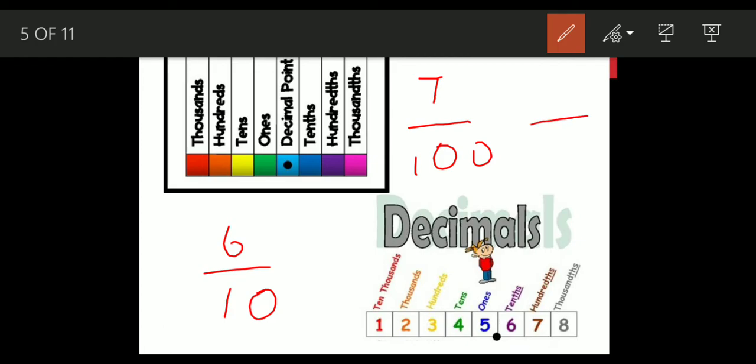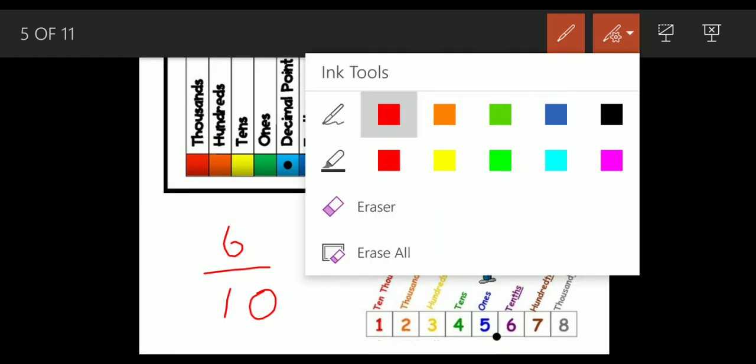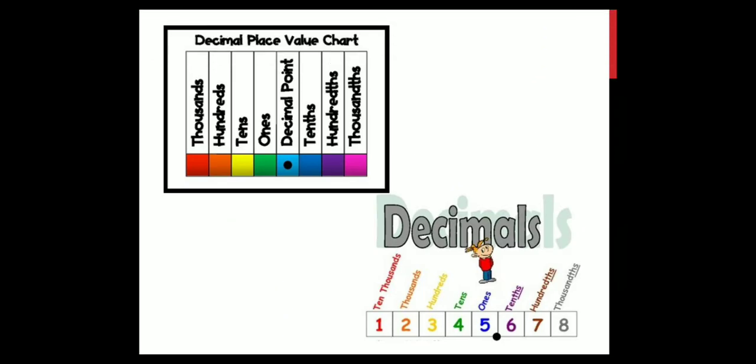Out of 1000 I have 8 parts. If you see, it keeps on decreasing. Going from tenths to hundredths to thousandths, the place value keeps on getting reduced. This is how the place value of decimals works. Remember, after the point, from the left to the right it starts with tenths, hundredths, thousandths.